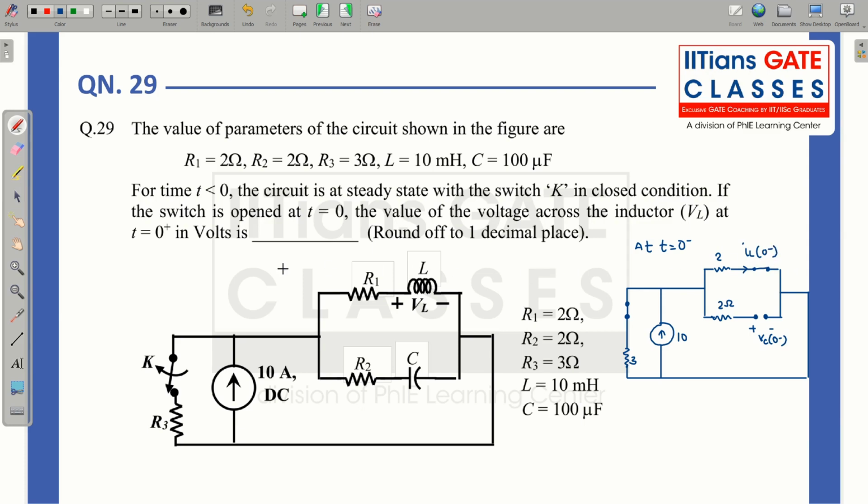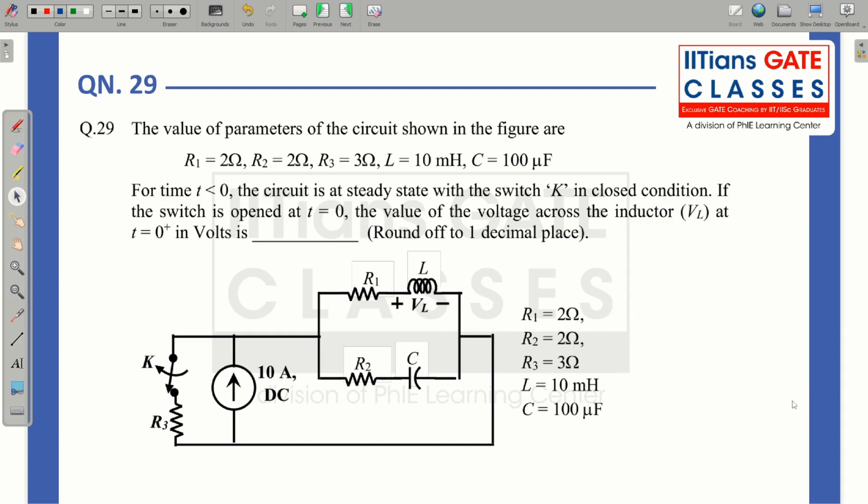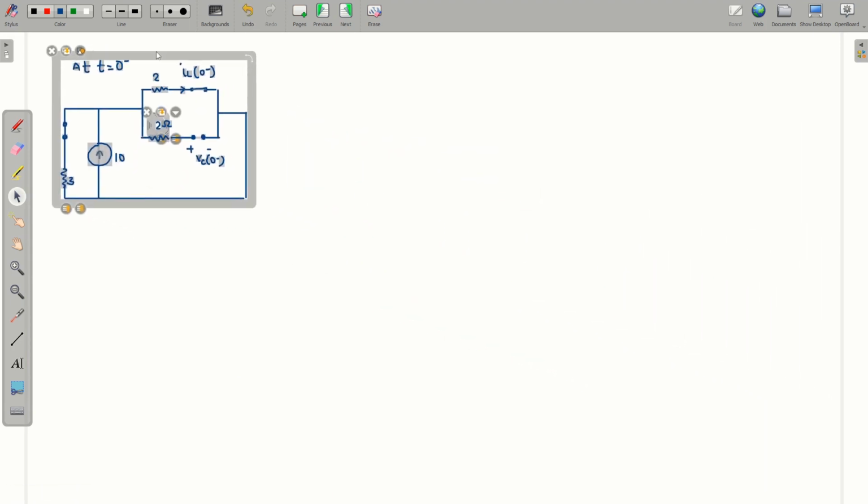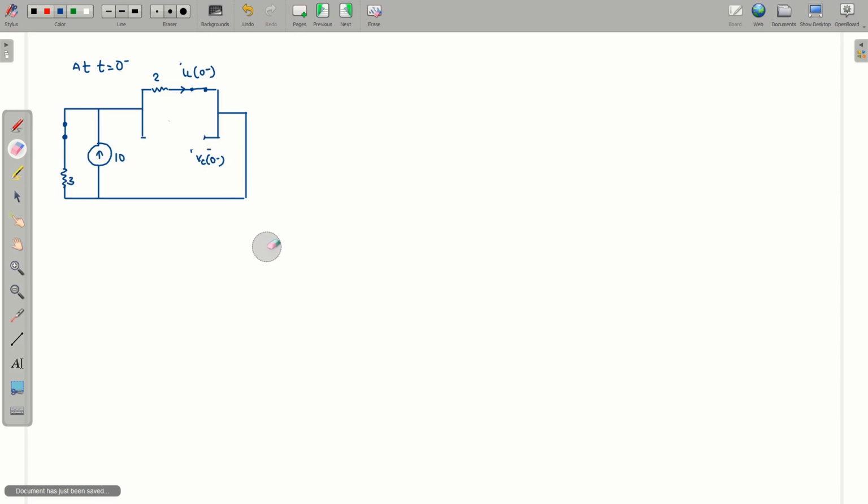Now let us calculate the values of IL0 minus and Vc0 minus. You can see that this 2 ohm and this 3 ohm are in parallel. How? If you remove this, you can see that the capacitor is open circuited, so from here no current is going to flow.